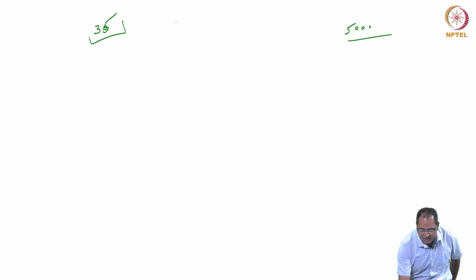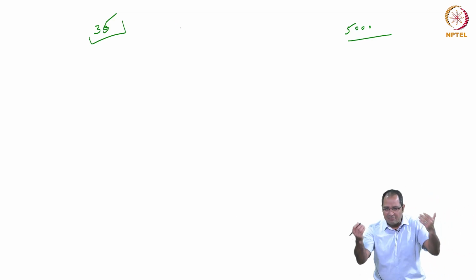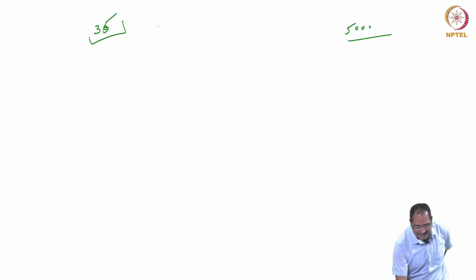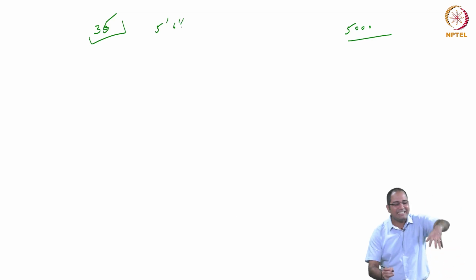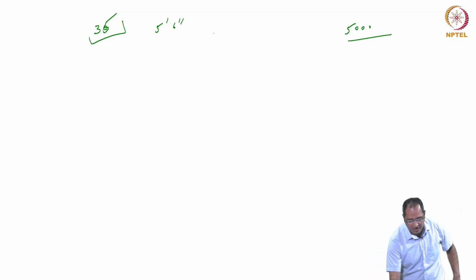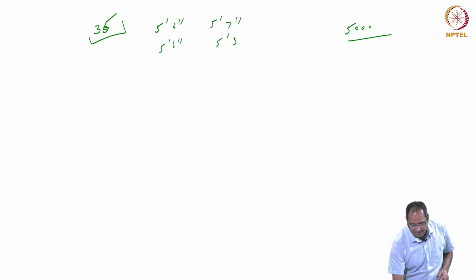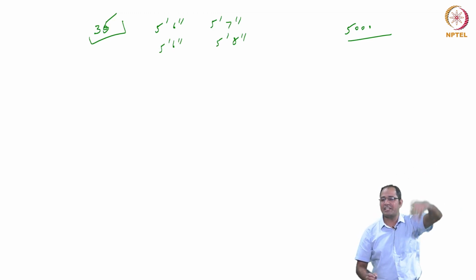Let's say the first time I obtain a random sample of 35 from the list of 5,000 students, their average height is 5 feet 6 inches. Second time again I draw a random sample, 5 feet 7 inches. Third time 5 feet 6 inches. Fourth time 5 feet 8 inches. If I keep on drawing infinite number of samples, I will get so many mean values.